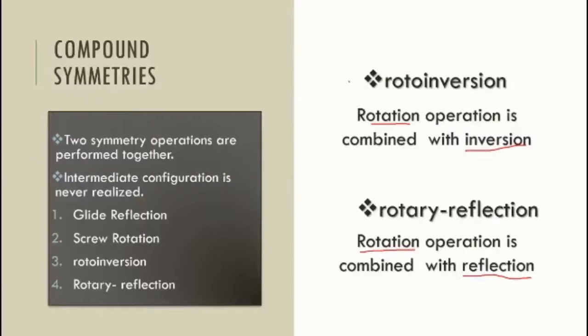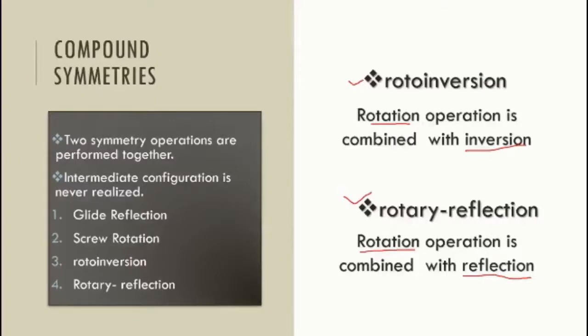Roto-inversion is the operation that we prefer in crystals to indicate their symmetry, whereas rotary reflection is used for molecules. However, the order of rotation to describe a configuration in rotary reflection and roto-inversion may differ. This will be clear to you later in this video. Let us explore each compound symmetry operation one by one.